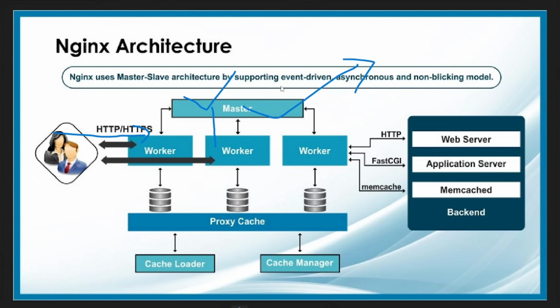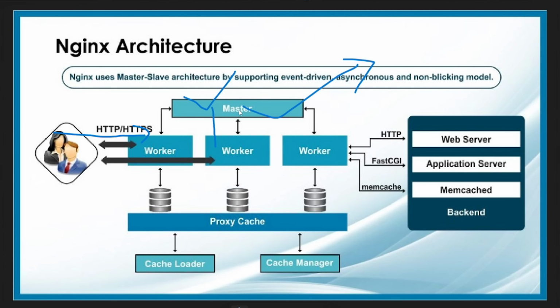It will also open listen sockets and bind to ports. If it is HTTP, it will check whether the port, for example 8080, is available, and then it will create the connection. If it is HTTPS, it will use another port, 443, which is secure.